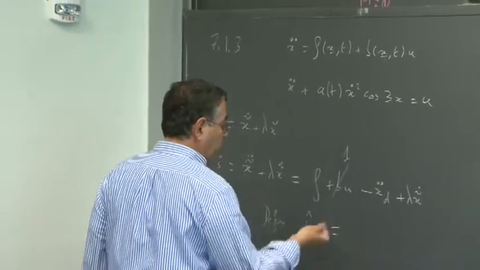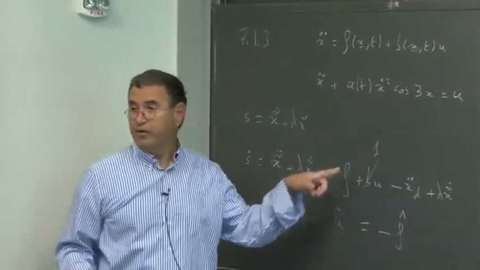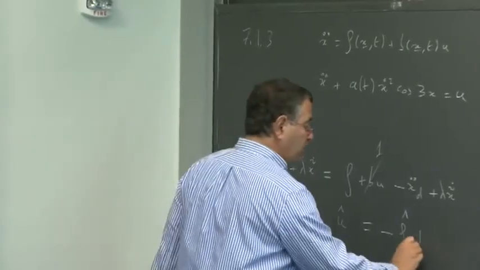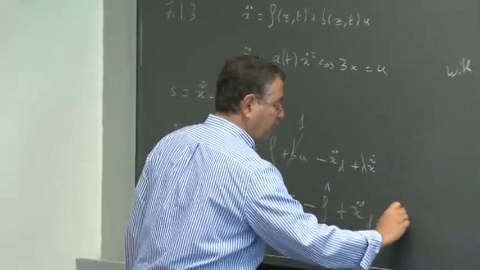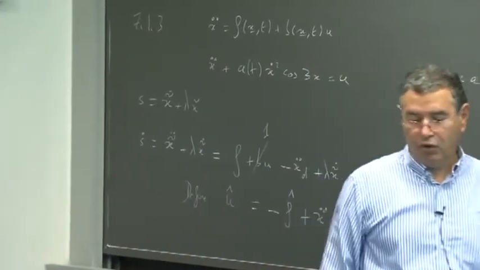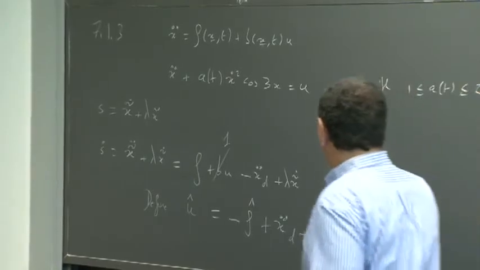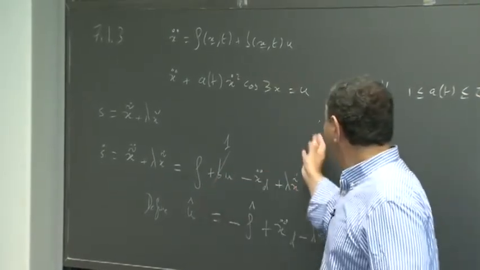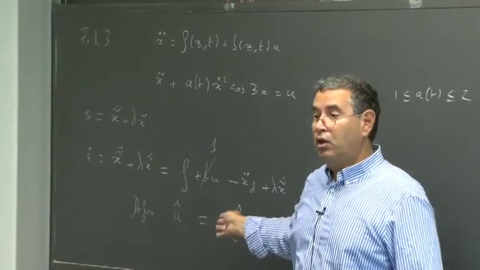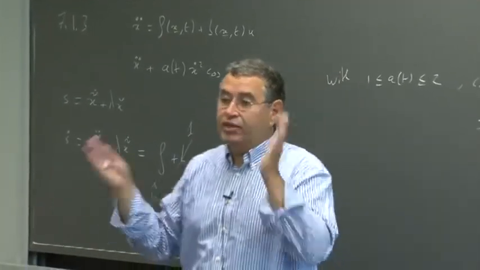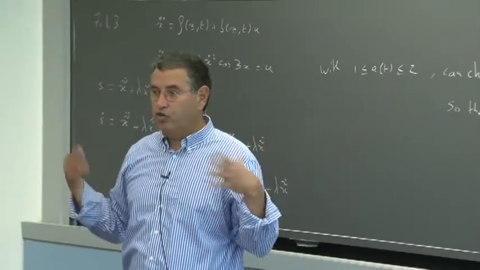So what is that? Of course, it's simply minus F hat, our best guess of the dynamics, plus x double dot d minus lambda x tilde dot. It's simply the value of the control law that makes this whole right-hand side equal 0 if F hat happens to be exactly equal to F. Okay, it's just notation.